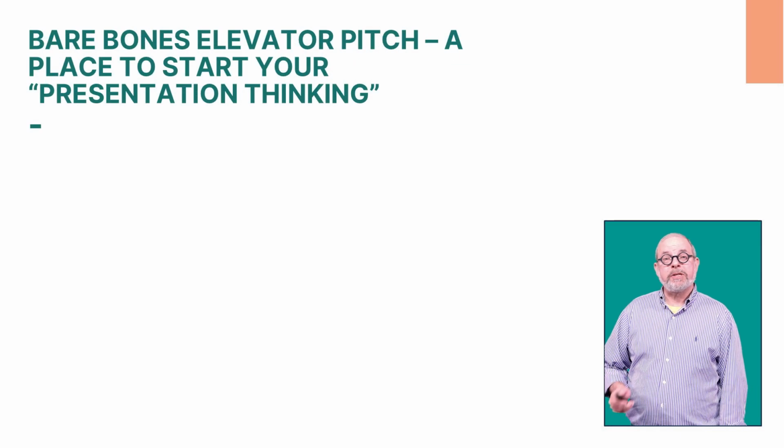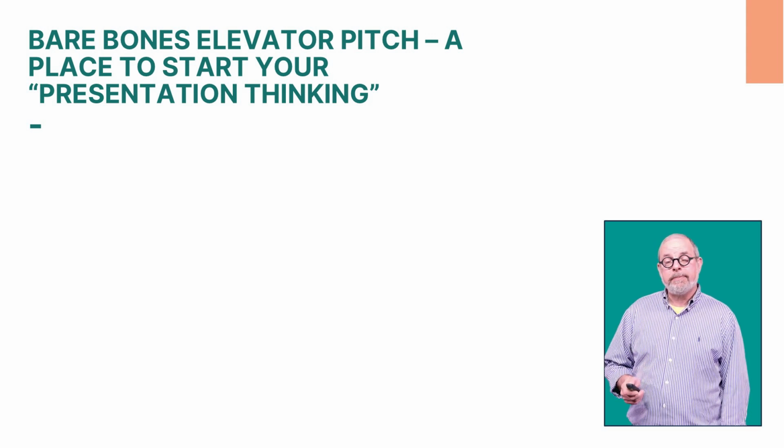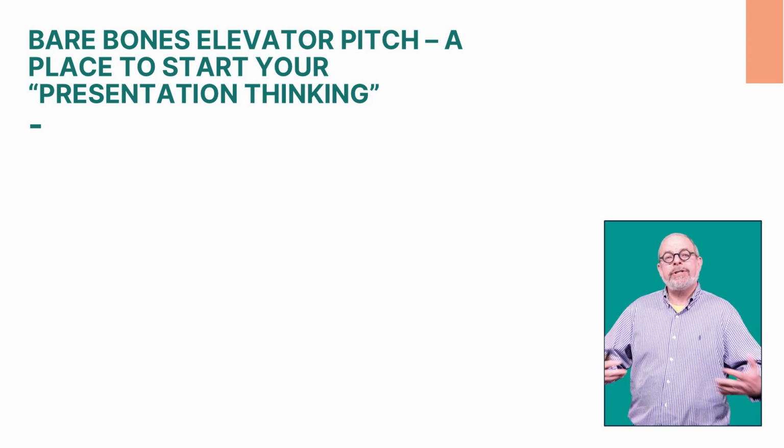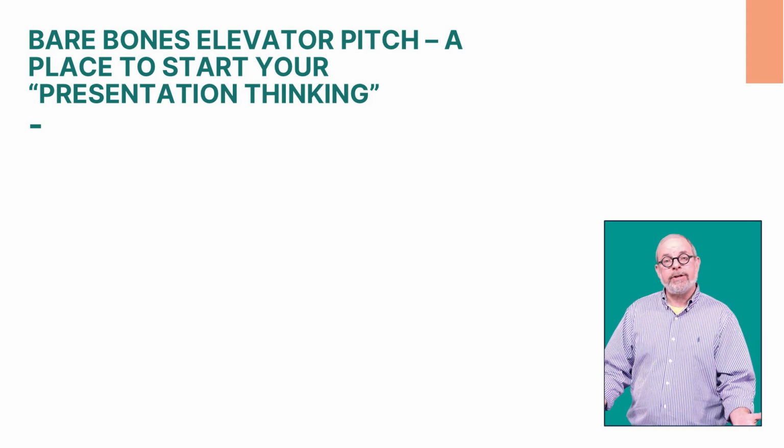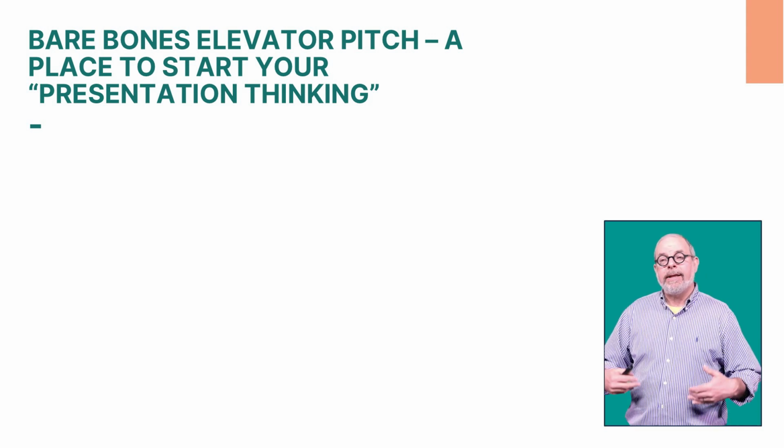In order to go from this problem-solution thinking to an elevator pitch, we might be able to do it using the knowledge we gained from our business model canvas by creating a first introductory sentence to help us understand our presentation thinking. How am I going to present to potential investors the ideas that I have in my value proposition canvas?